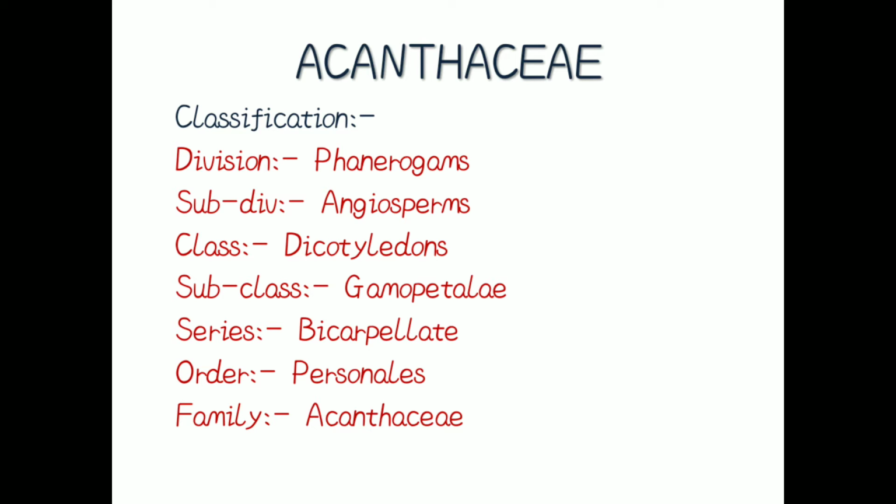Students, today we are going to start a new family, that is the Acanthaceae. The classification of the Acanthaceae family: as you know, the division is Phanerogamae, only flowering plants. Subdivision Angiospermae, that is the seed bearing, where the seed is enclosed in an ovary or a fruit.